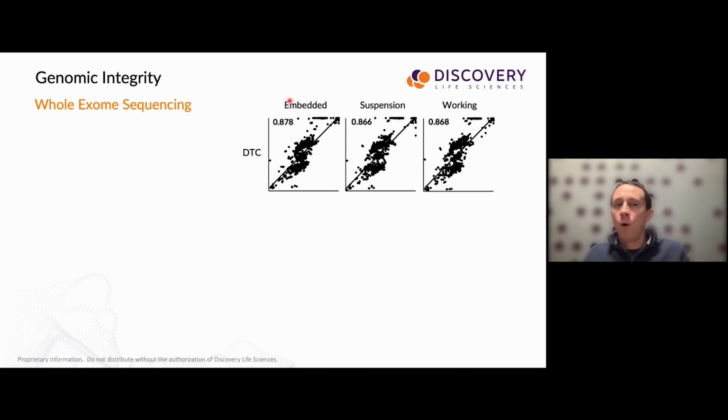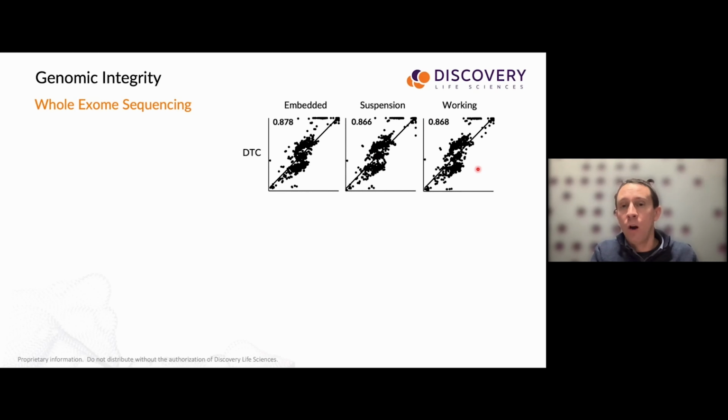So this is looking at our whole exome sequencing. To orient, we're going to look on the y-axis at the variant allele frequency at each of these loci in the parent DTC. On the x-axis in each of these is the embedded, suspension, and working bank. And there was a high degree of correlation between the DTC, the parent tumor sample, and the embedded, suspension, and working banks.